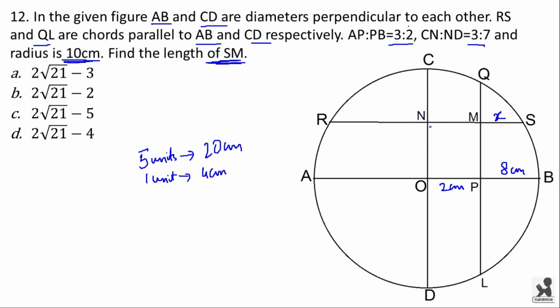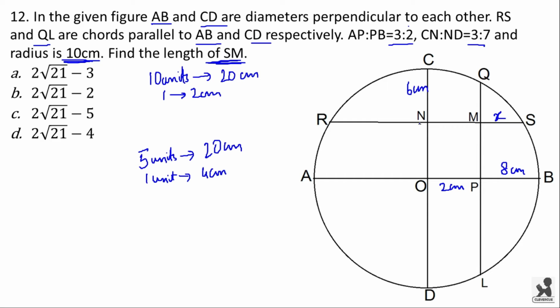Now consider C and D over here, and CN is to ND is given as 3 is to 7. So 3 plus 7, that is 10 units, will be the diameter over here. So 10 units is given as 20 centimeters. So 1 unit will be 2 centimeters. So CN is 3 units, so 3 into 2, it will be 6 centimeters. And similarly, the length of ND will be 7 into 2, 14 centimeters.